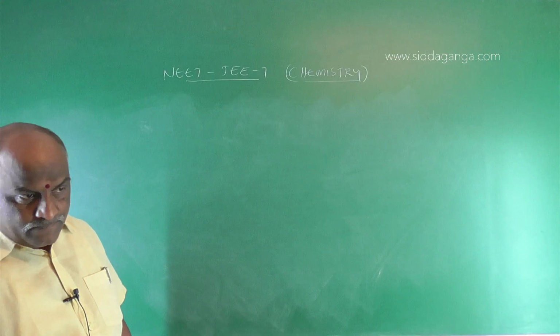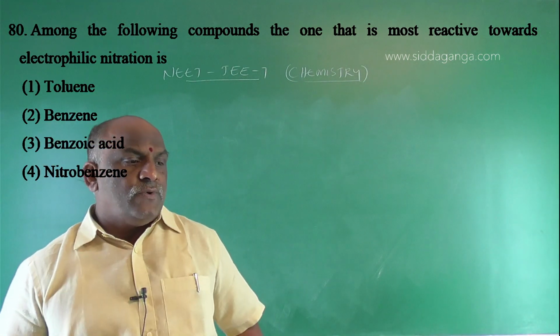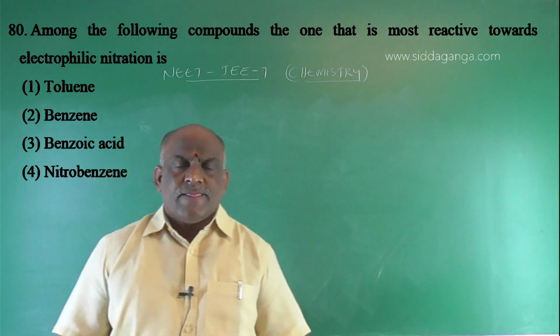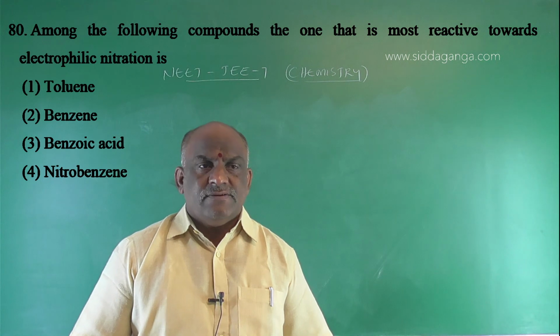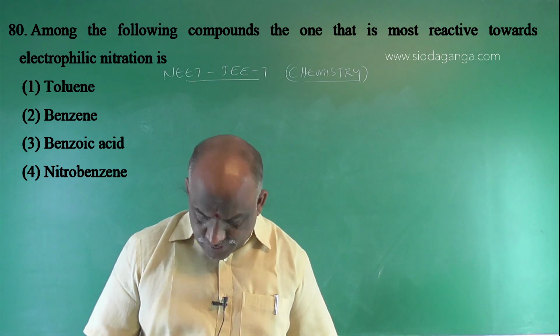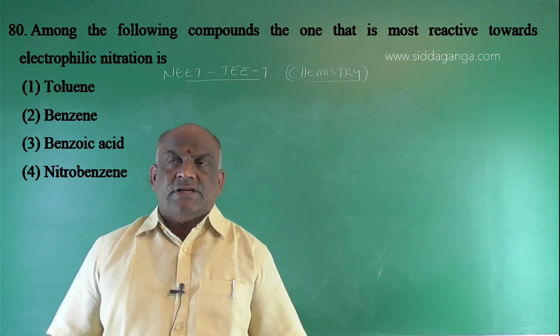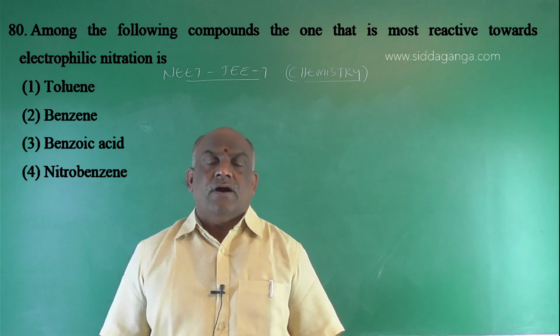Next question. Among the following compounds, the one that is most reactive towards electrophilic nitration is? Generally, electrophilic substitution reactions take place easily when the group is activating, like phenol, methoxy or alkyl groups.